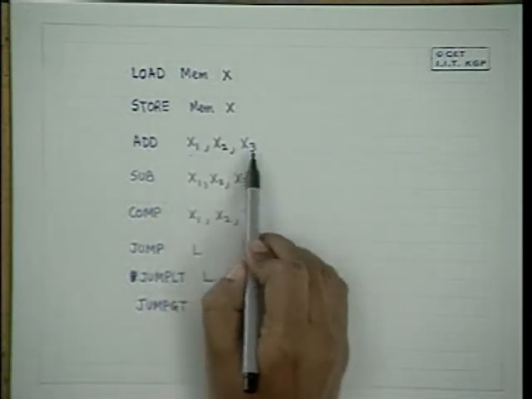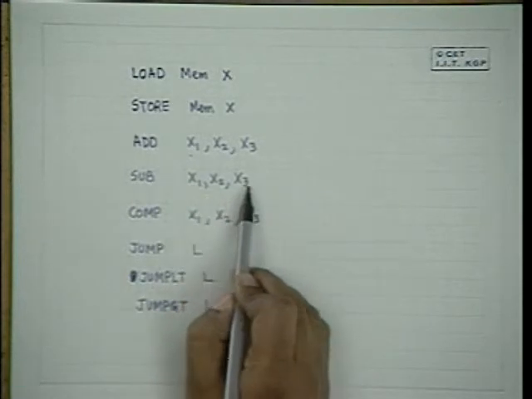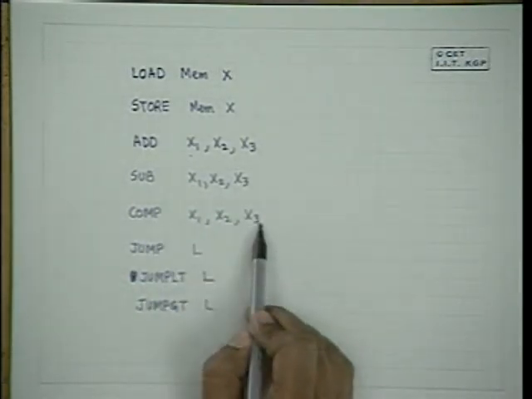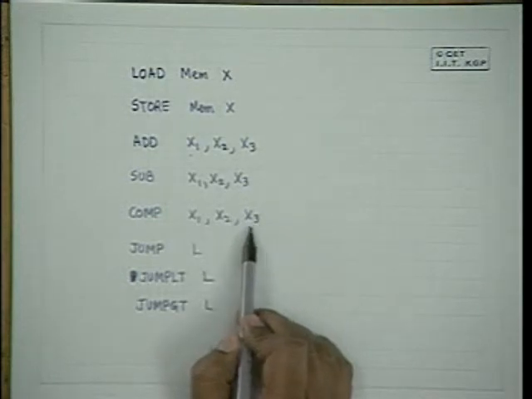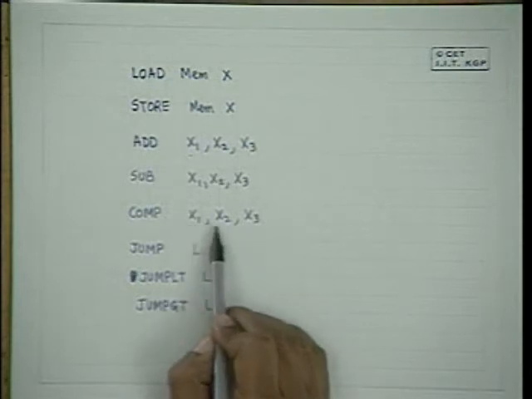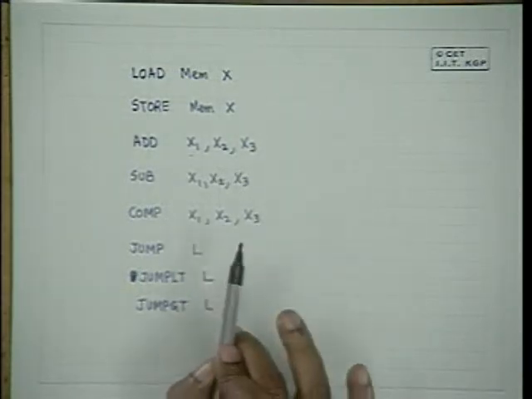Add x1, x2 and put it into x3. Subtract x1 and x2 and put the result in x3. Compare x1 and x2 and put the result in x3. This says that if it is minus 1, x1 is less than x2. If it is 0, x1 is equal to x2, and if it is plus 1, then x1 is greater than x2.